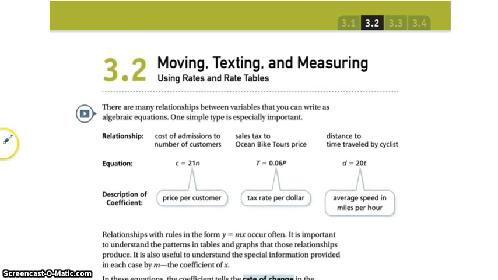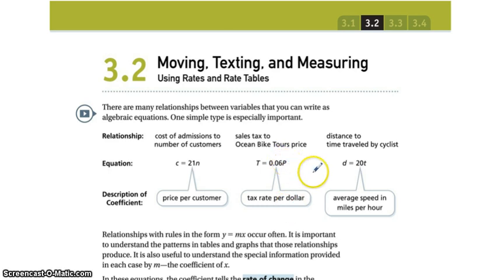All right, so we've seen a couple. Our first one that we've already dealt with is C equals 21N, which was the price per customer. We talked about that one yesterday. C equals 21 times the number of customers. We also can talk about sales tax, meaning that the tax rate would be 0.06, or the tax rate per dollar.